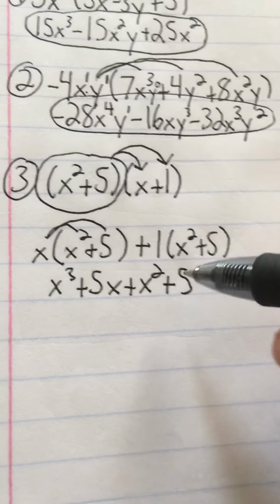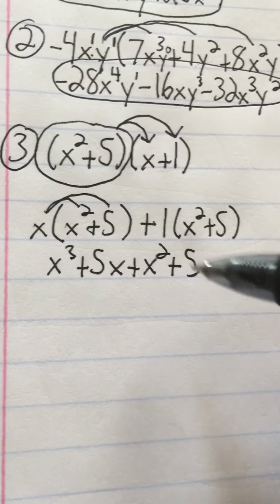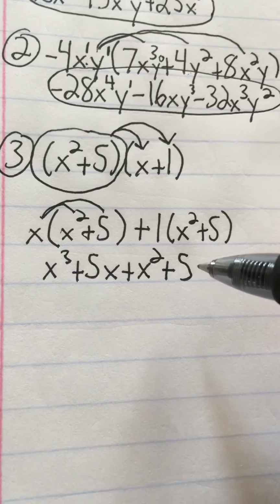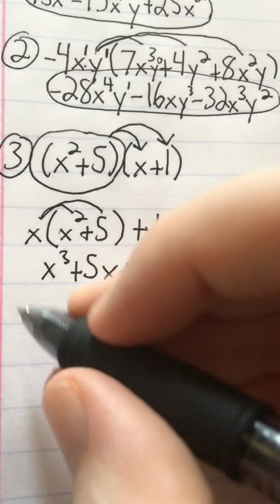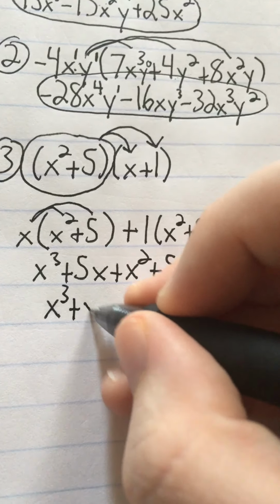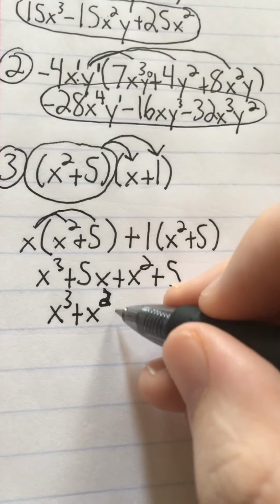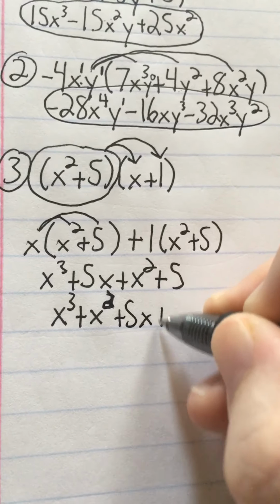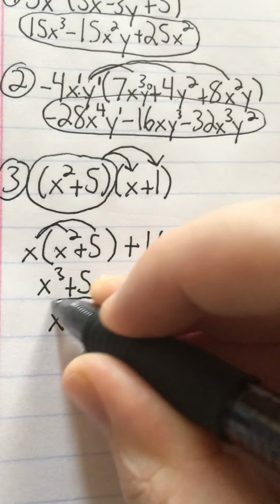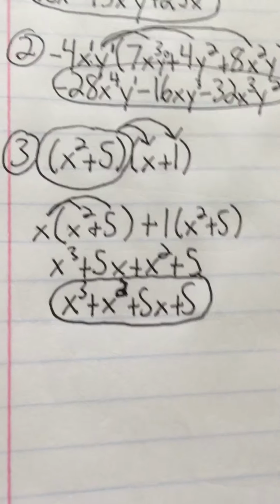Now you can leave your answer in this form because we don't have any leftover or like terms in this problem, but math grammar again, so I'm going to just rewrite it to x cubed plus x squared plus 5x plus 5. And that's your final answer.